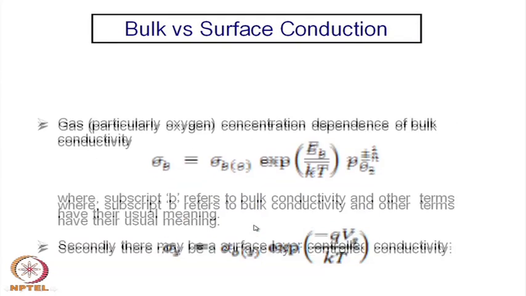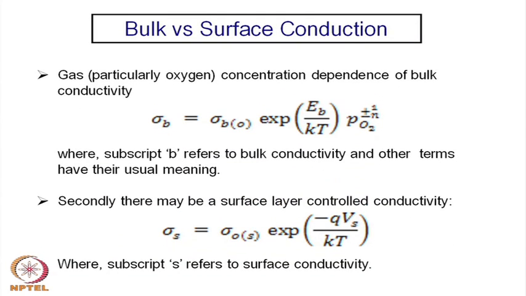Now, the expression for conductivity for the bulk and for the surface or barrier layer is different. Okay. This is a very common expression. We have seen earlier that for any oxide the defect concentration, the non-stoichiometry, changes with the kind of environment it is exposed to, because there is oxygen in the oxide, in any oxide, and oxygen is also available in the environment.